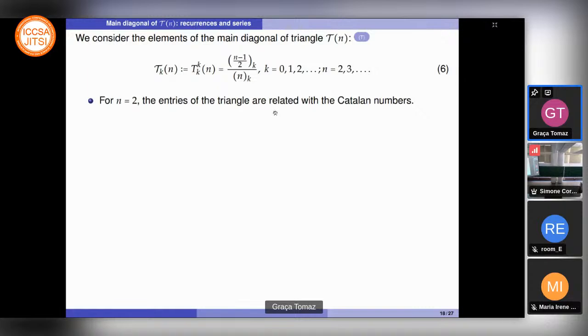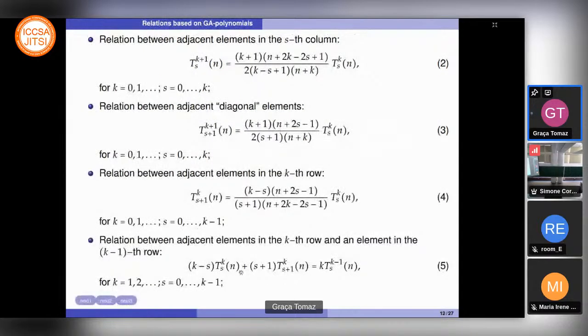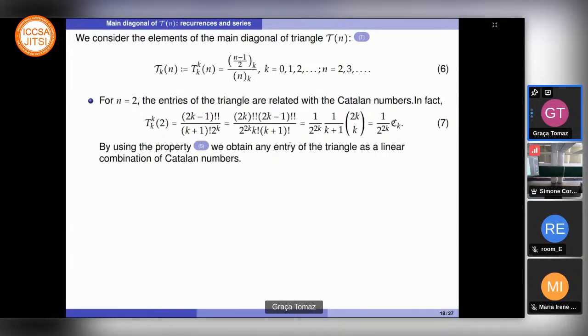In fact, we can prove that the elements of the diagonal are related to the Catalan numbers in this way. And by using this property, we obtain all the entries of the triangle as a linear combination of Catalan numbers.